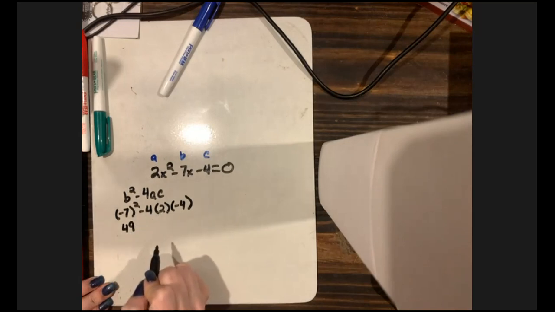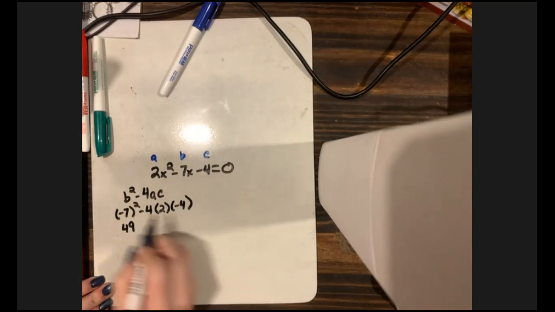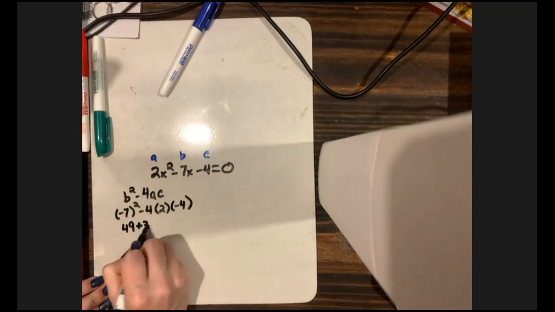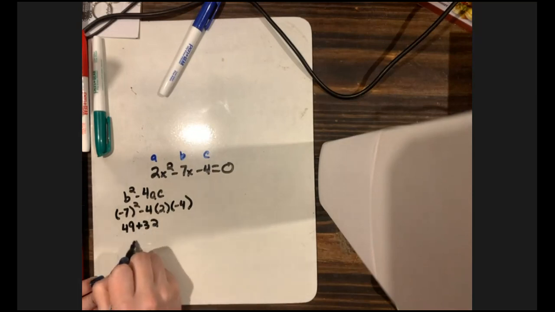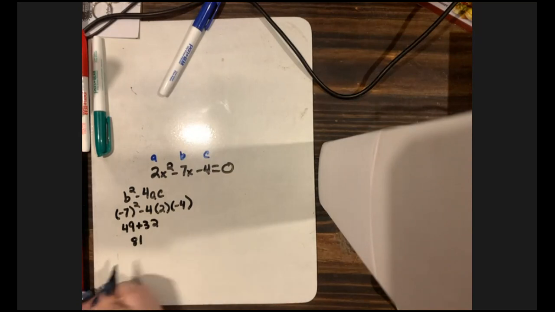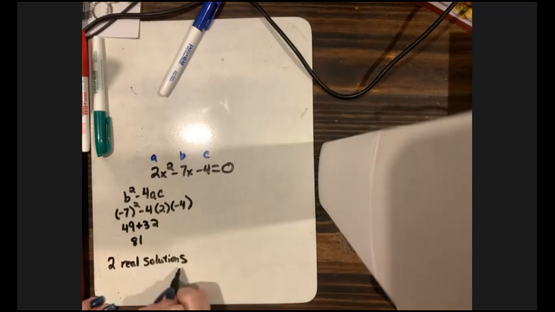Negative 4 times 2 is negative 8. Times negative 4 is going to be positive 32. When we add that together, we're going to get 81. Which type is real solutions, and I have 2 of them.